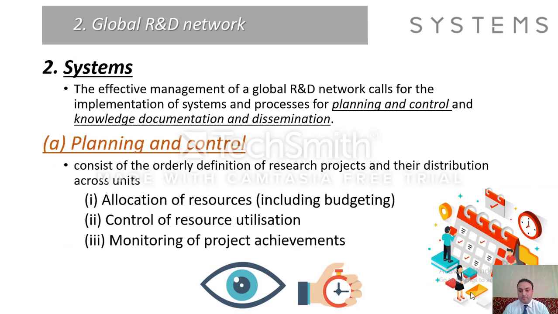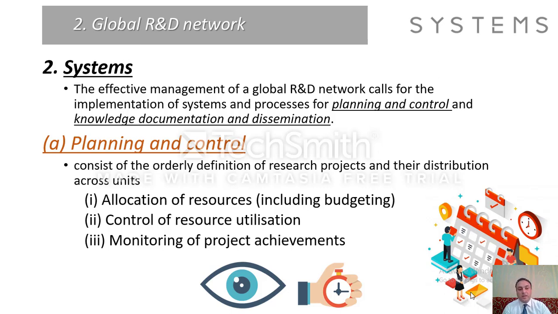This is the structure. So what about the systems of the global research and development network? We can see that the effective management of a global research and development network calls for the implementation of systems and processes for planning and control, and knowledge documentation and dissemination.